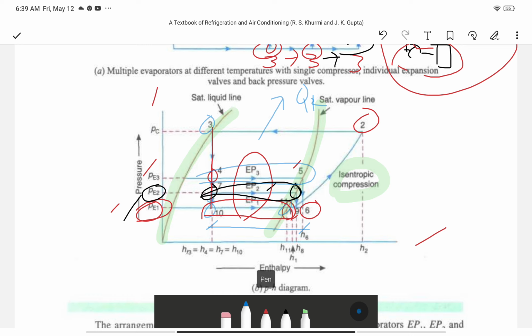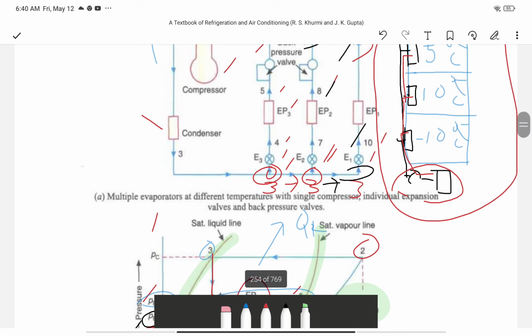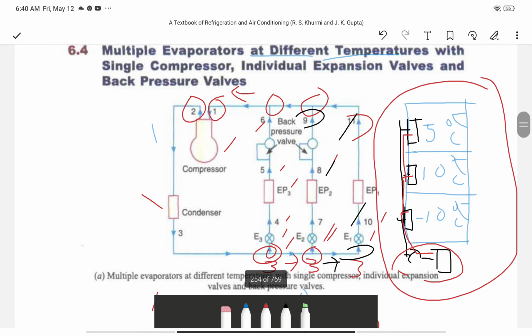The highest pressure you have is in evaporator 3, or PE3. So that's the effect of this scenario.